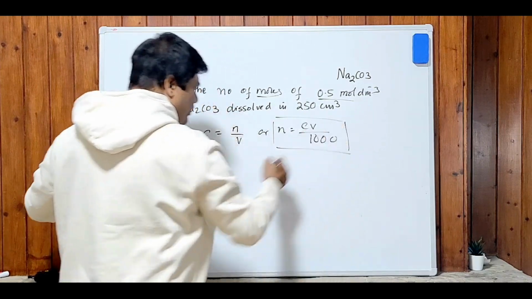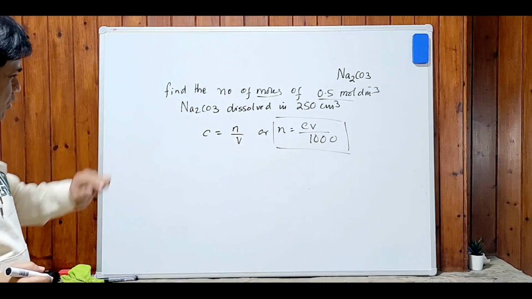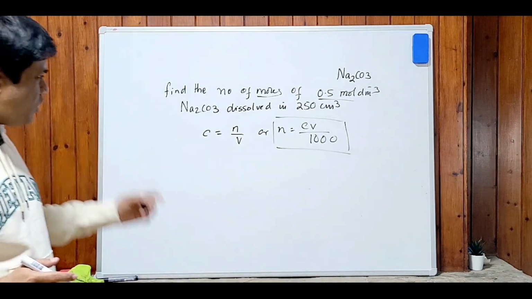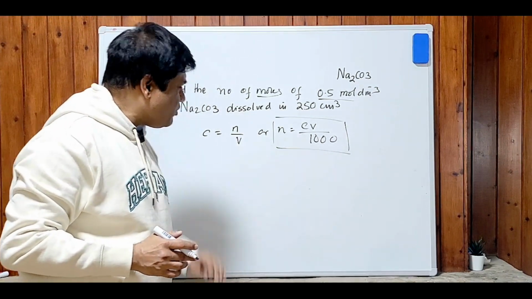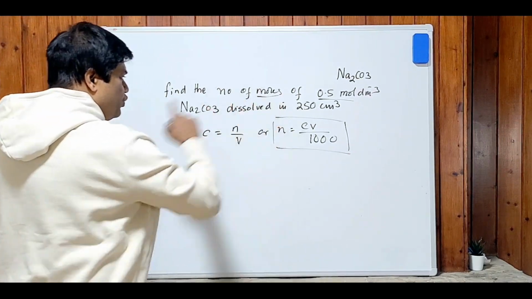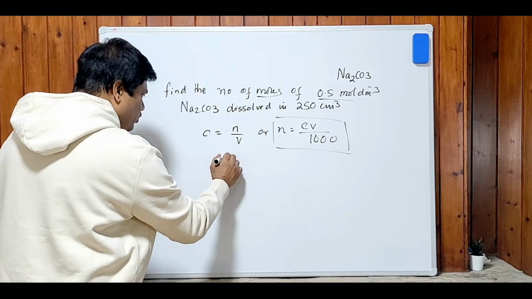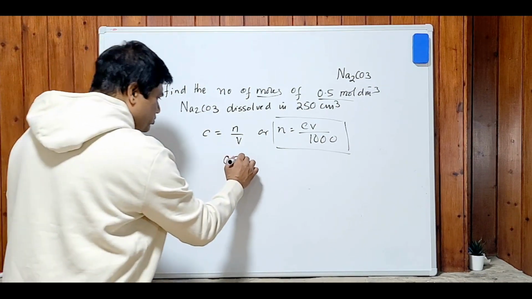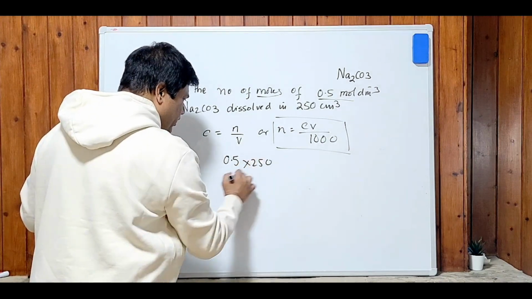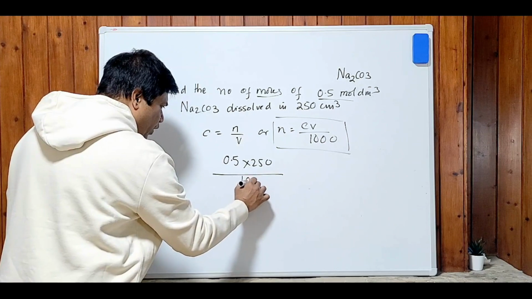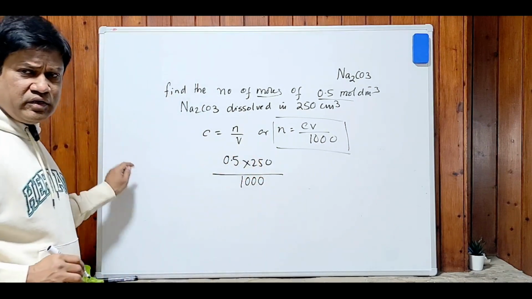When you are writing the formula, make it in a box so that when you do the revision, you know the formula to work out the mole. So mole equals C times V over 1000. Do we have a conc? Yes, conc is given, 0.5. What's the volume? 250 divided by 1000. Why am I dividing by 1000 here?